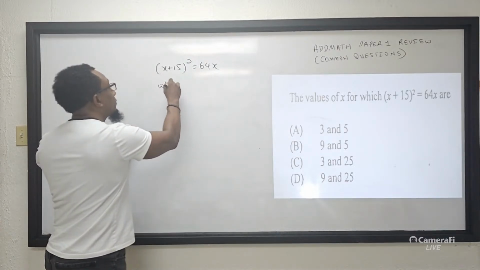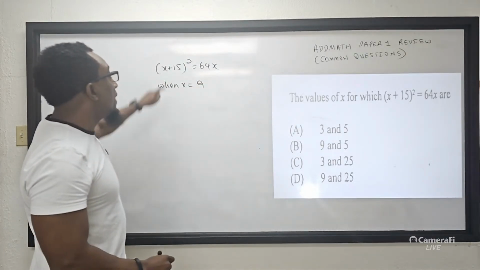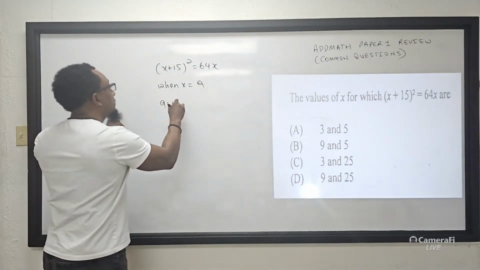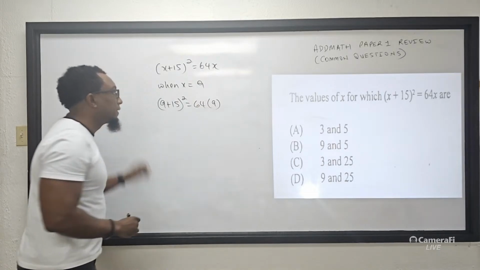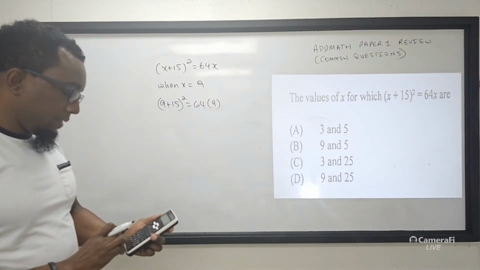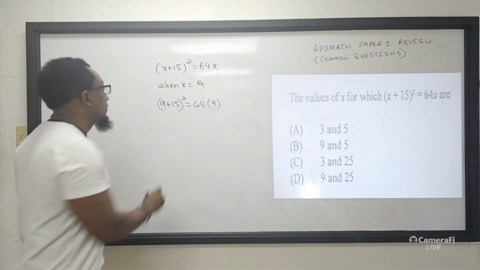So when x is 9, if I replace x with 9, look at what's going to happen. 9 plus 15 in brackets squared is equal to 64 times 9. Right? So 9 plus 15 will give us 24.